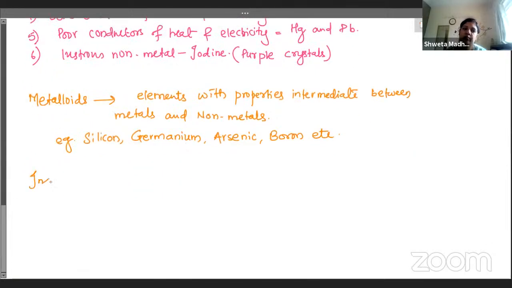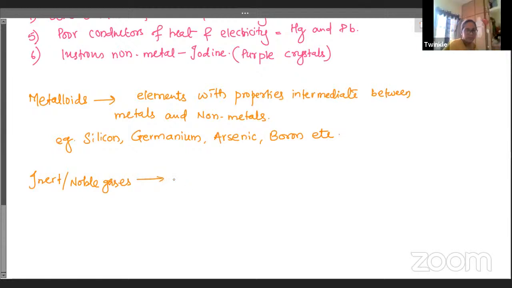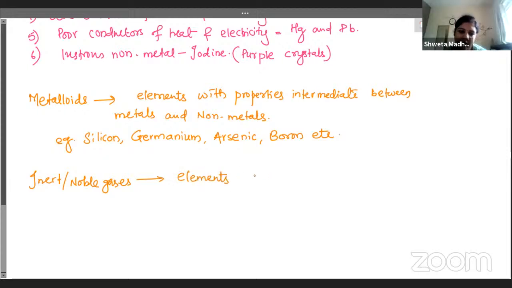And inert or noble gases. These are elements in the gaseous state that are not chemically active or not chemically reactive.